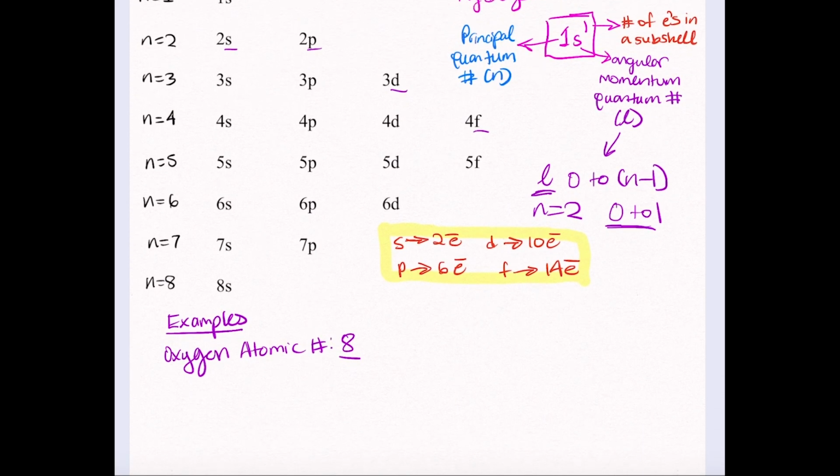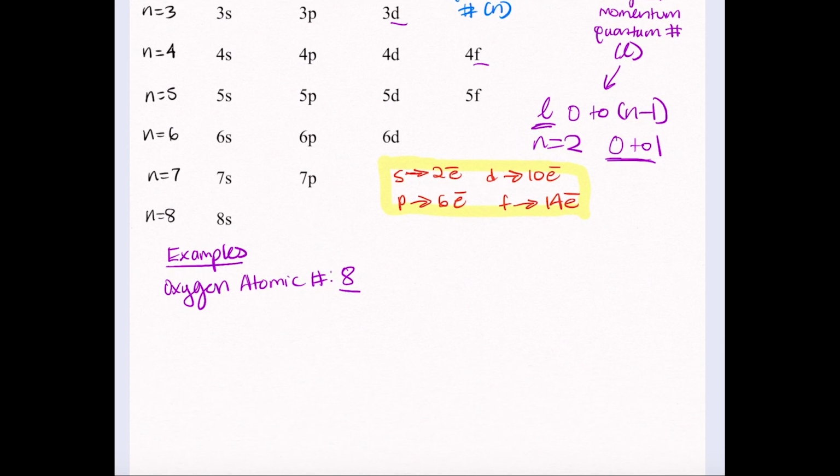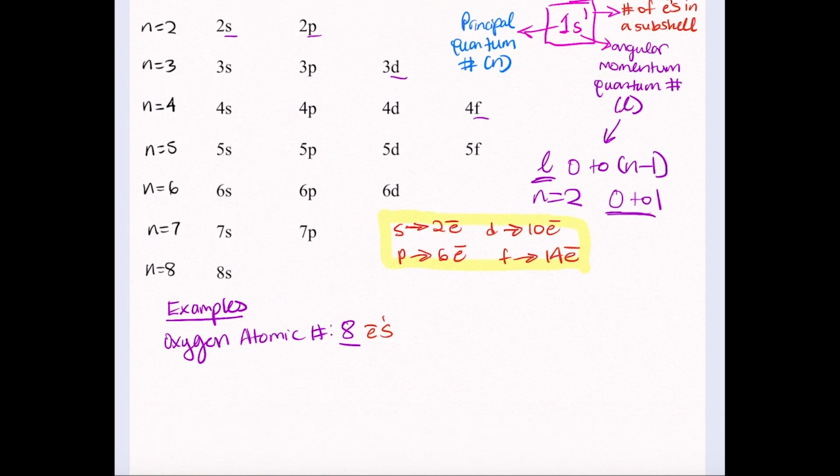So now that you know that, we're going to start from the lowest energy orbital. So these are lower energy orbitals here. So this is the lower energy orbital we're going to fill first. And since S holds 2 electrons, and we know that the atomic number is 8, so that means oxygen has 8 electrons, right? So that means we're going to fill 1s2.